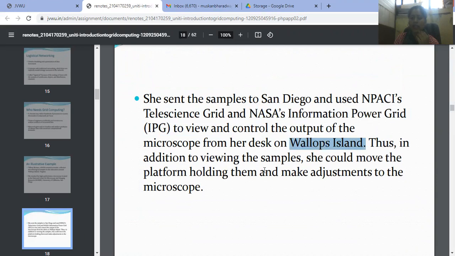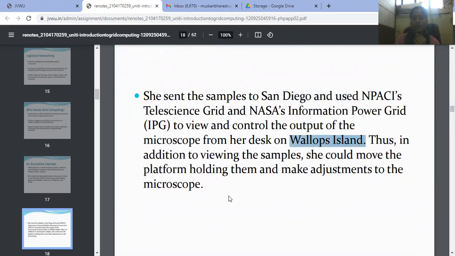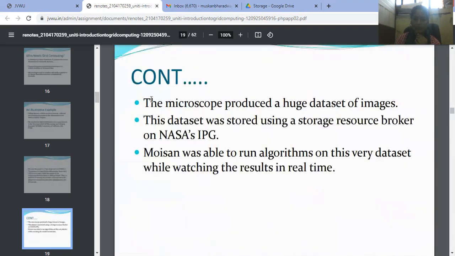Thus, in addition to viewing the samples, she could control the microscope, and the microscope produced a huge data set of images using grid computing technology. This data set was stored using storage resource brokers, or you can say storage spaces, and she was able to run algorithms on it.